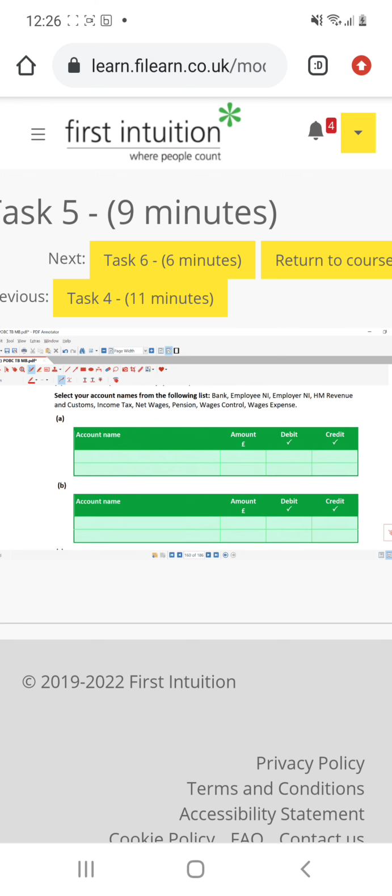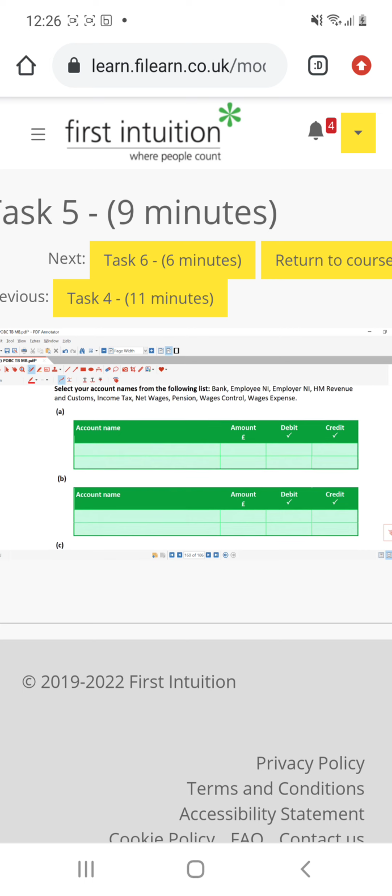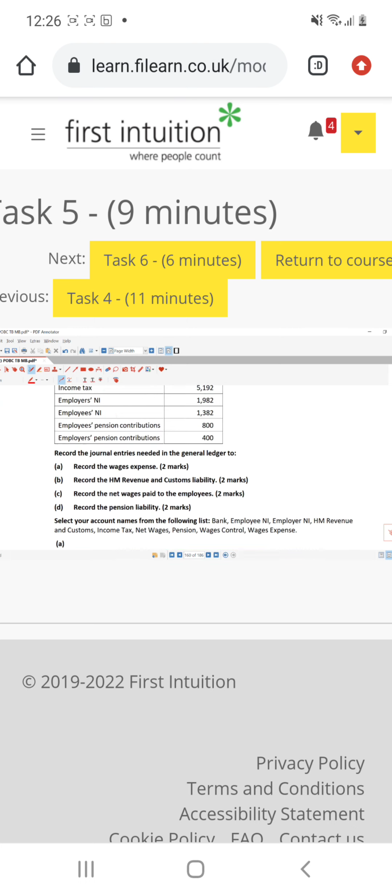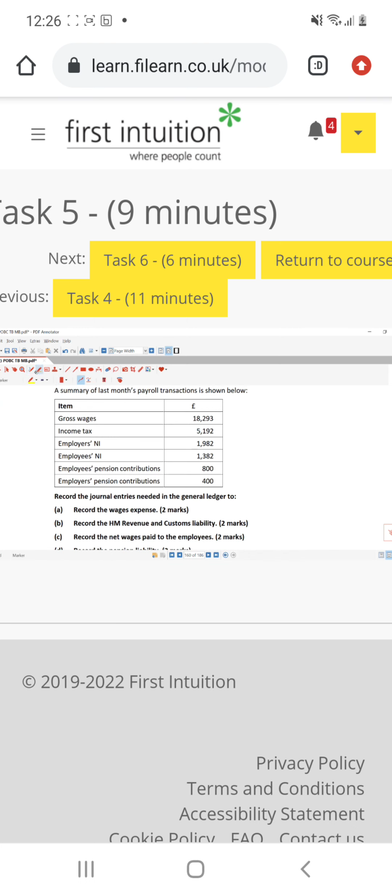So for our first one, the wages expense, what we must always remember is that this is the cost to the company of employing the individual. When calculating this, it will be made up of not just the gross wages of 18,293, but the employer's national insurance contribution and the employer's pension contributions as well.